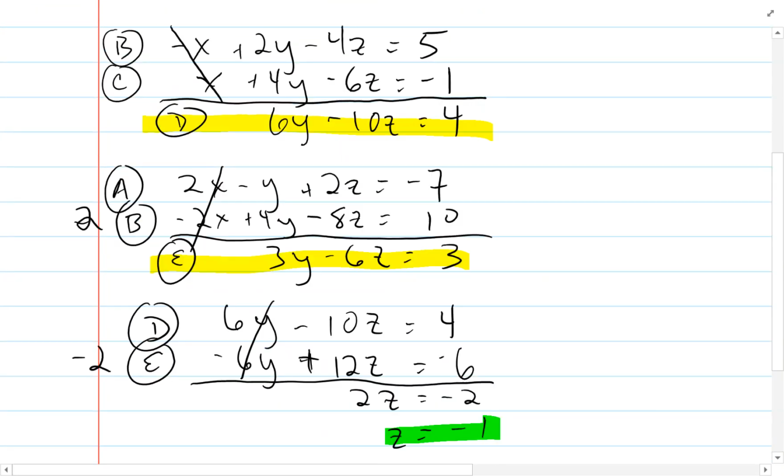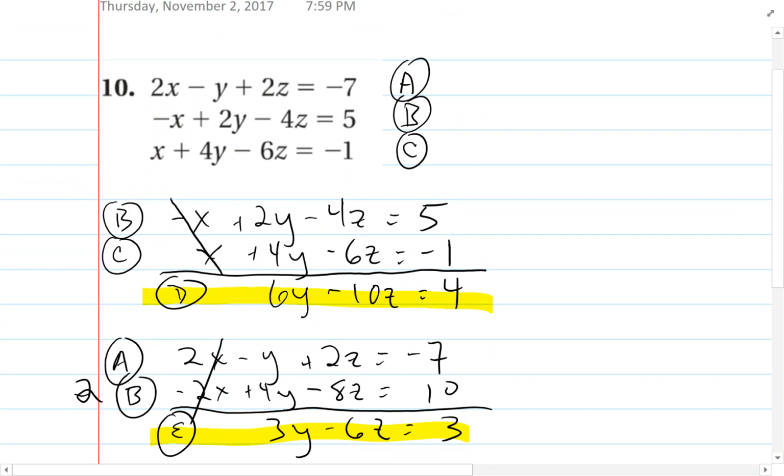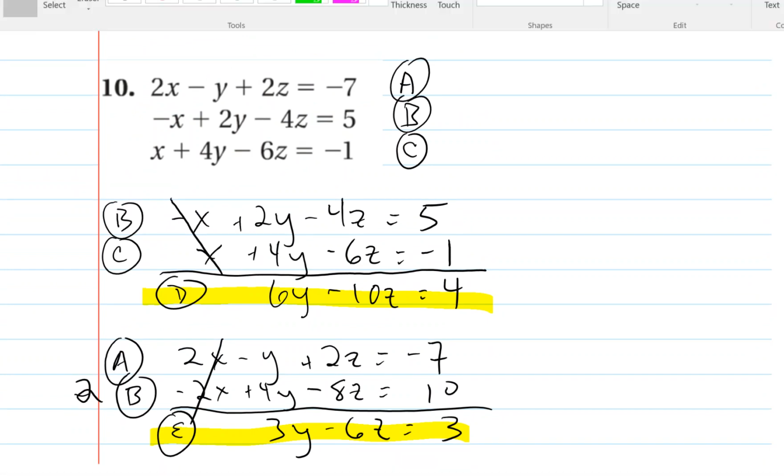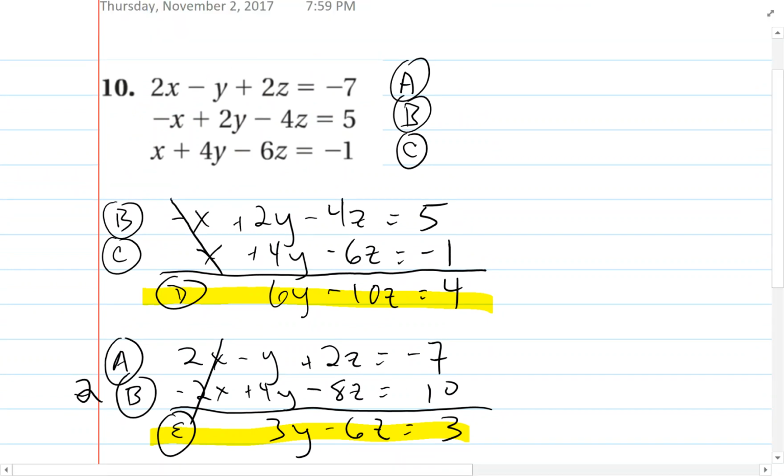So now I look back at my original equation, any one of them, and I plop in the values that I know, which are y and z. So I can say 2x minus a -1 plus 2 times a -1 is equal to -7.